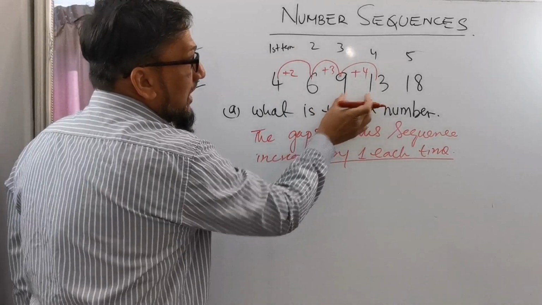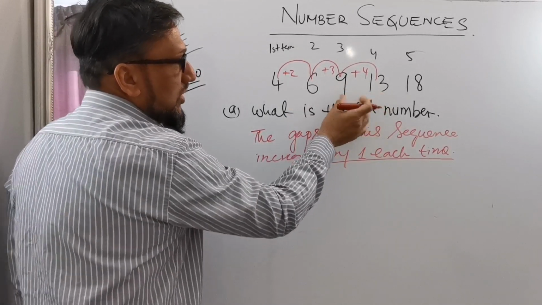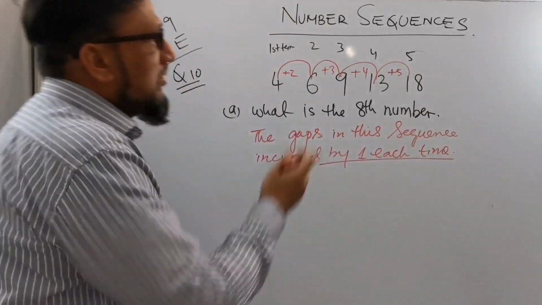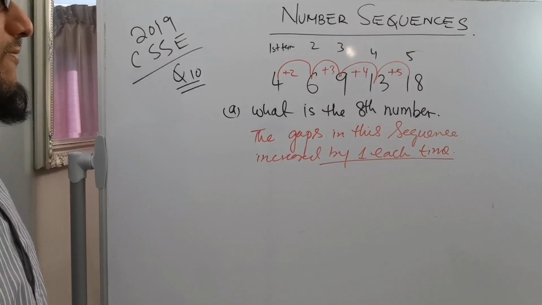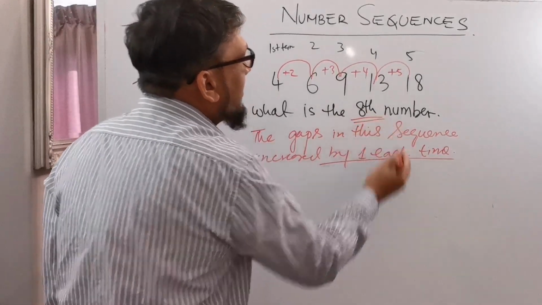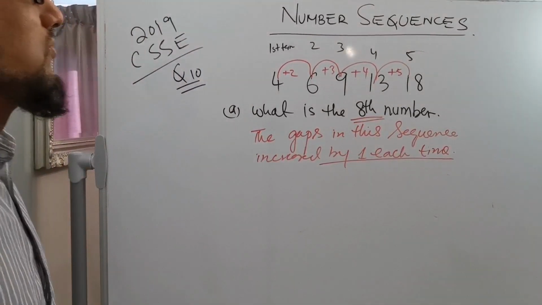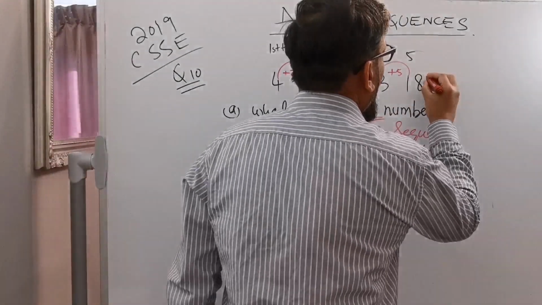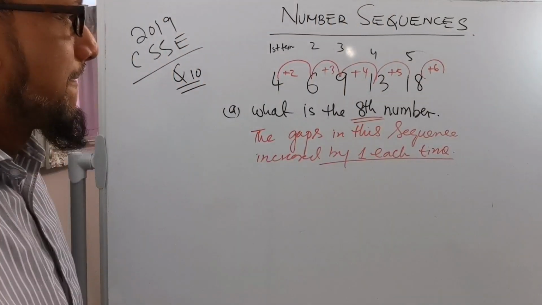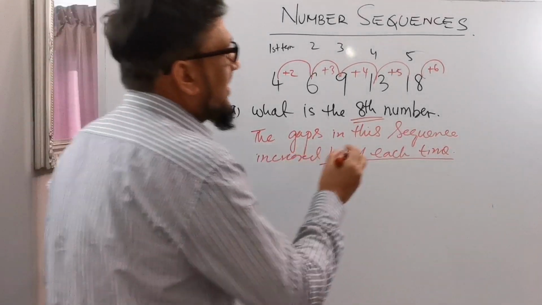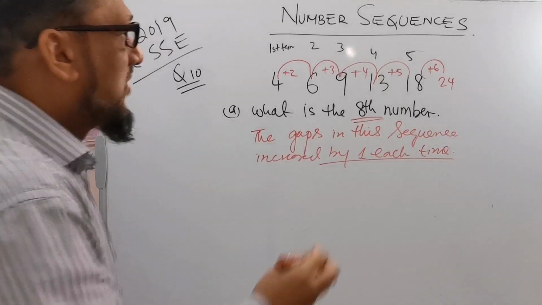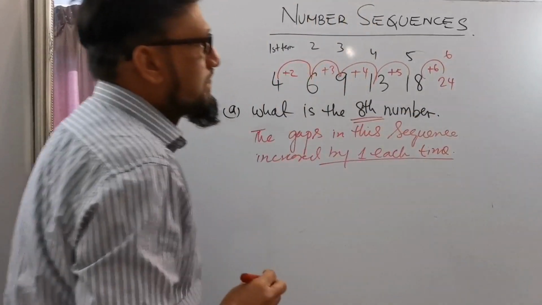They are talking about the gap between two numbers. So 13 plus 5 is 18. And they are asking about the 8th number. So what you do is simply 18 plus 6, which is 24. This is the 6th number.